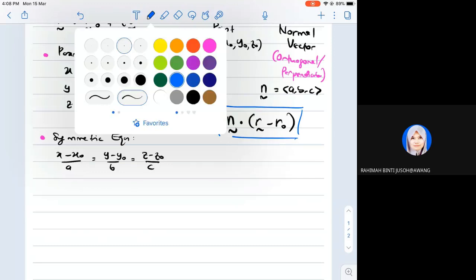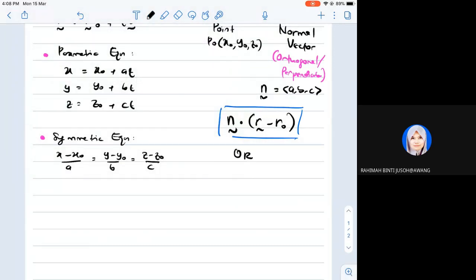Equation of plane can also be written as ax plus by plus cz plus d equals 0, where d equals negative (a x naught plus b y naught plus c z naught). So you can use the first formula or the second formula.